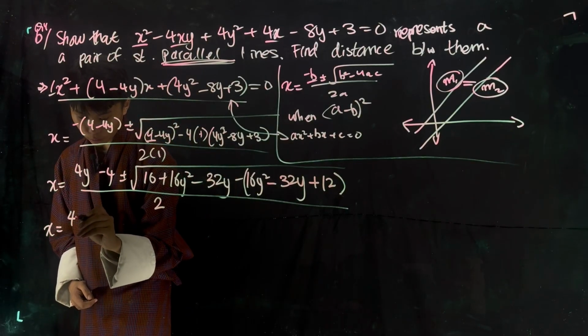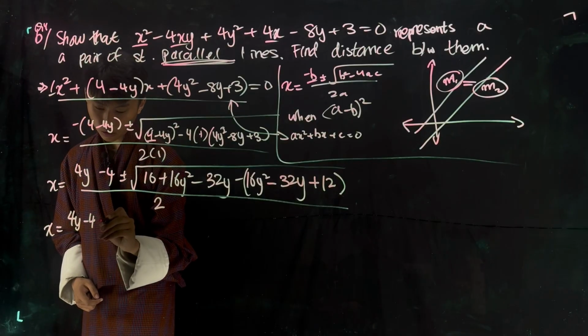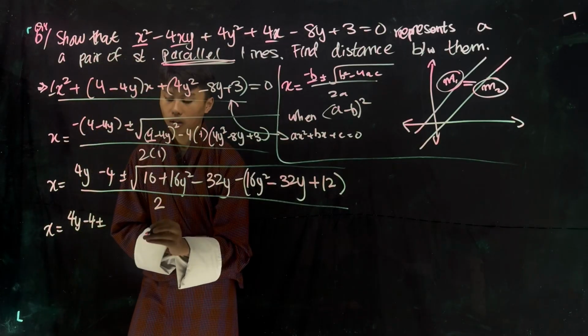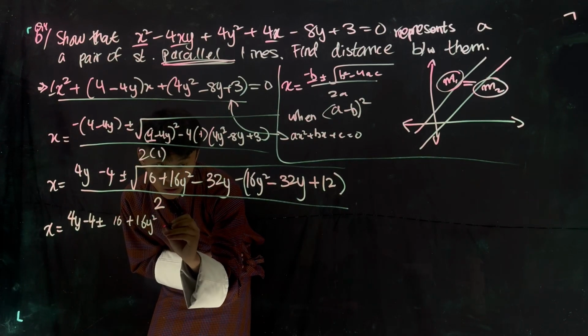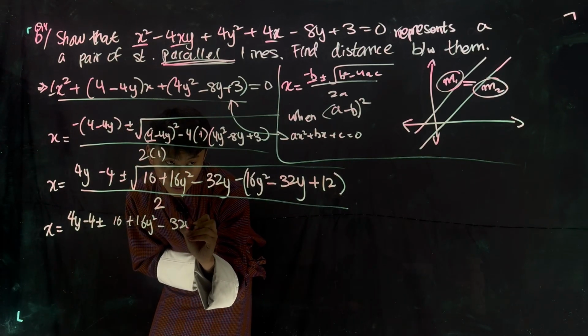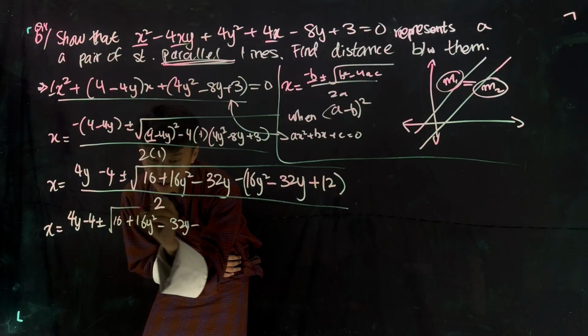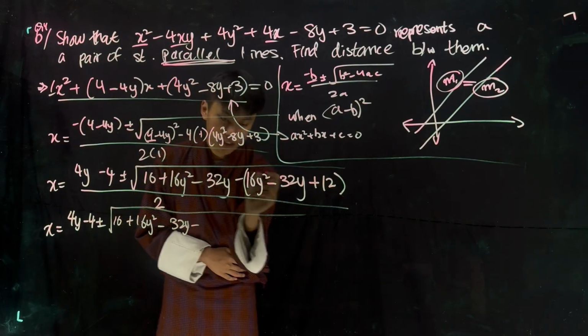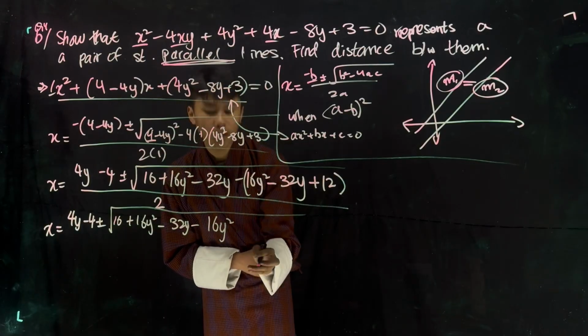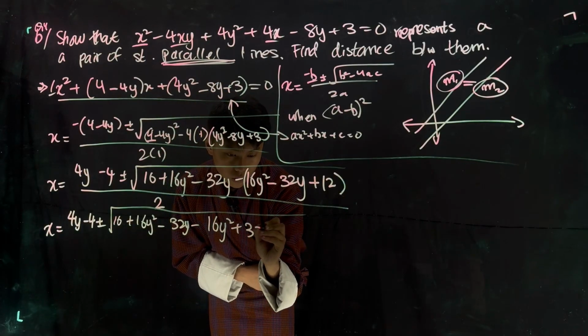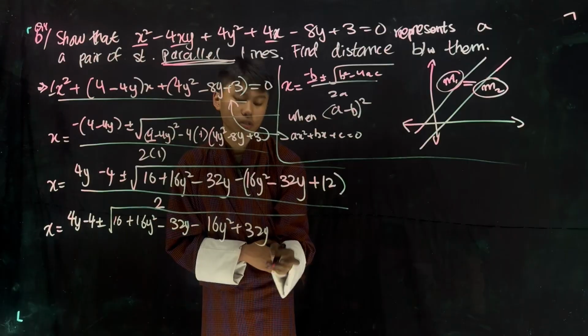Now we have 4y minus 4 plus minus 16 plus 16y square minus 32y subtracted by, so negative positive is negative, negative negative is positive, and negative positive is negative.